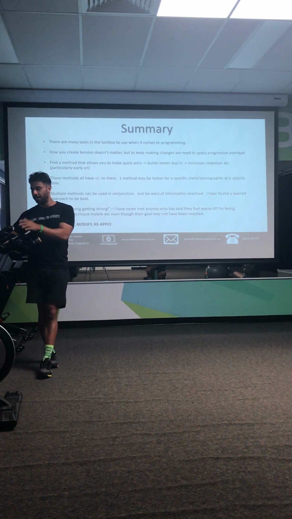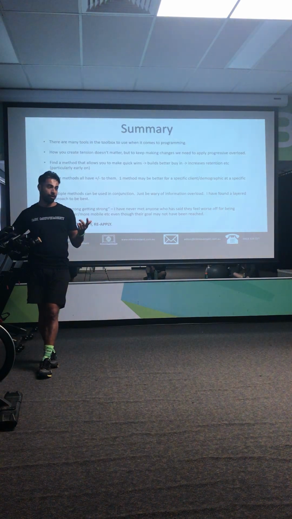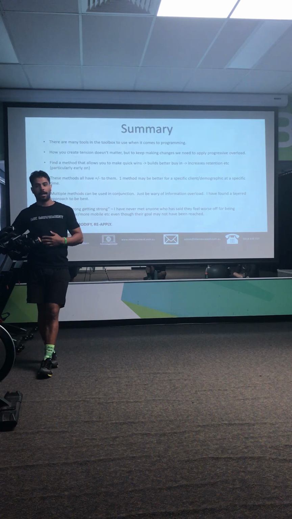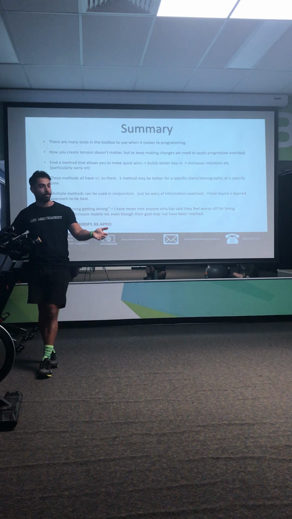All these methods have positive and negative things about them. I don't know if negative is the right word, but they'll have pros and cons. One method may be better for a specific client demographic at a specific time. So you may find if clients early doors really want to know numbers, you might do an estimated 1RM test and use that as their programming method.